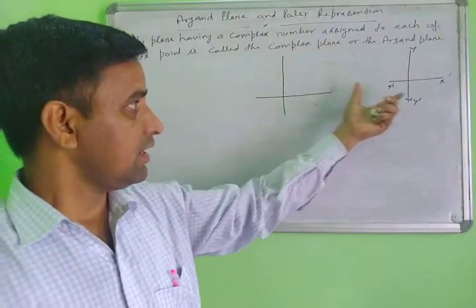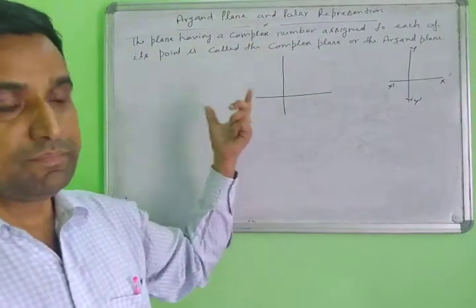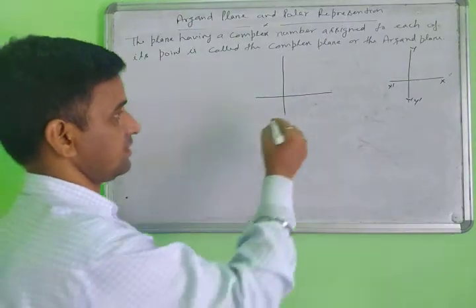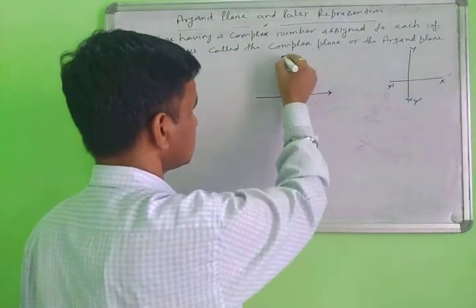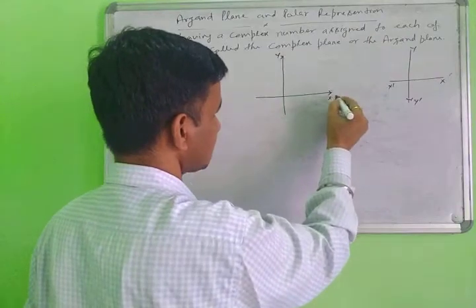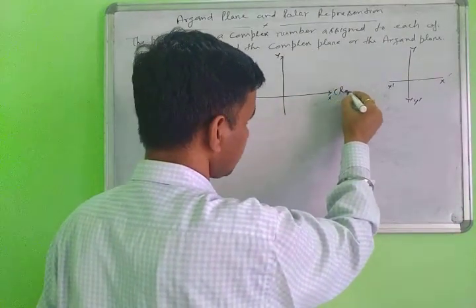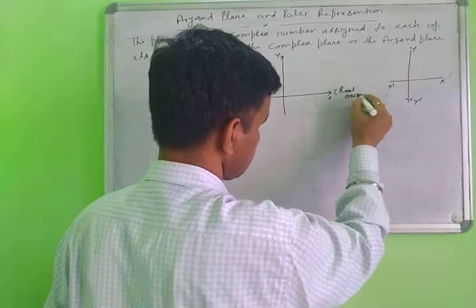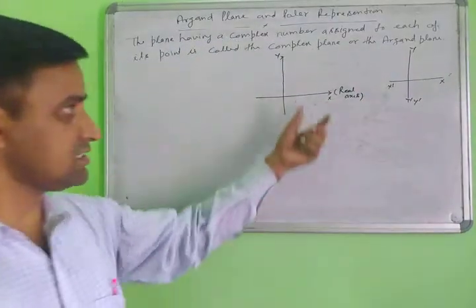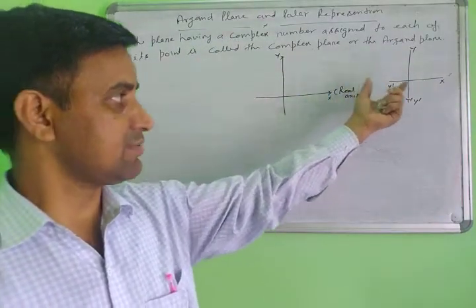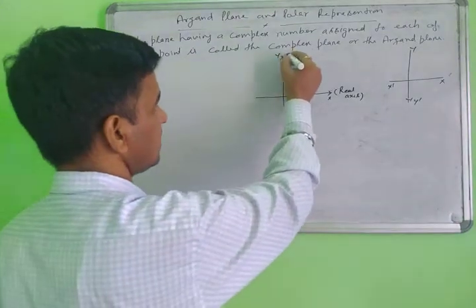This is called the Cartesian plane, and this is called your complex plane. Here the x-axis is called the real axis, the abscissa, and the y-axis is called the imaginary axis.